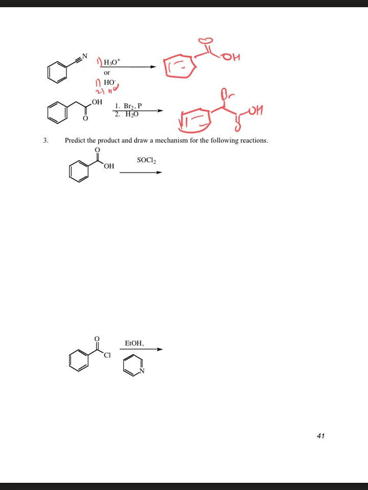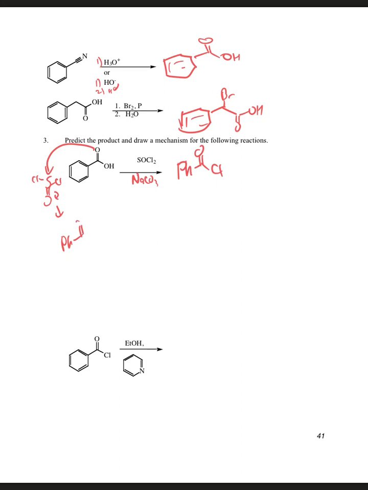Okay, so now we'll draw some mechanisms. So we know with the thionyl chloride and sodium carbonate, we get the acid chloride. So the carboxylic acid reacts with the thionyl chloride, sending the electrons up to form the tetrahedral intermediate.